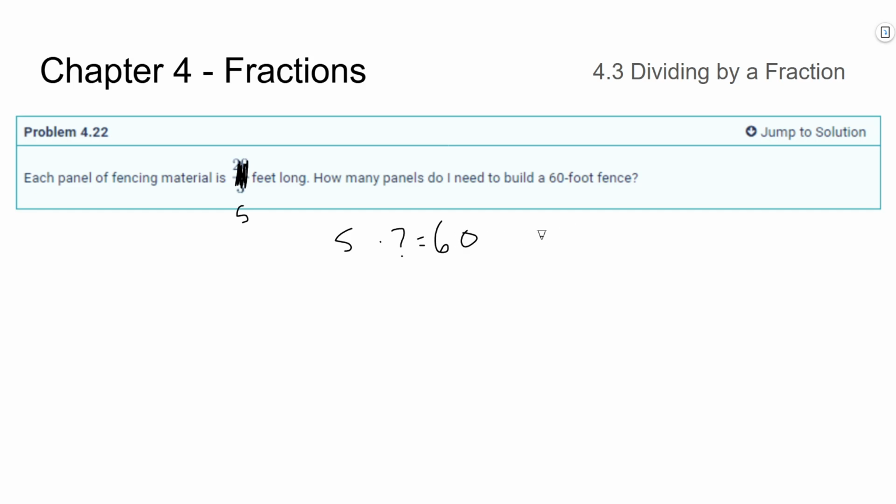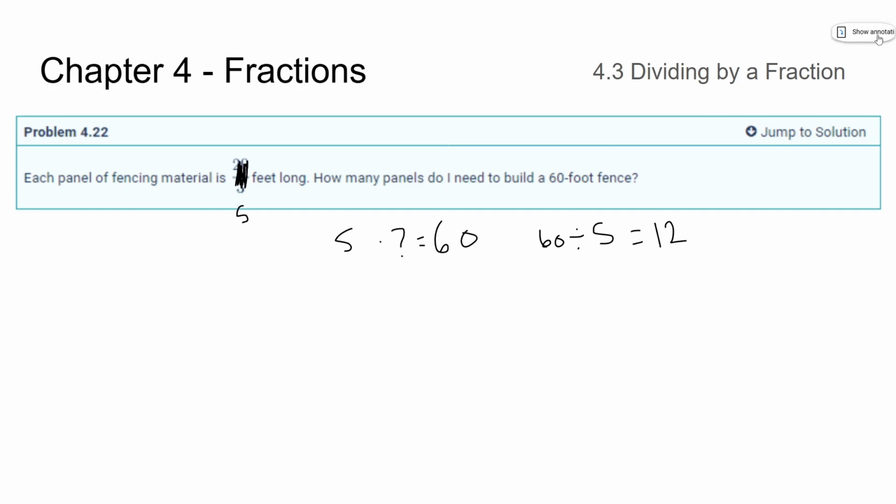And so then we find that 60 divided by 5 would be equal to 12. Okay, so that's how we would solve it if it was a nice simple number like 5. We end up just doing 60 divided by 5 to see how many panels we need.